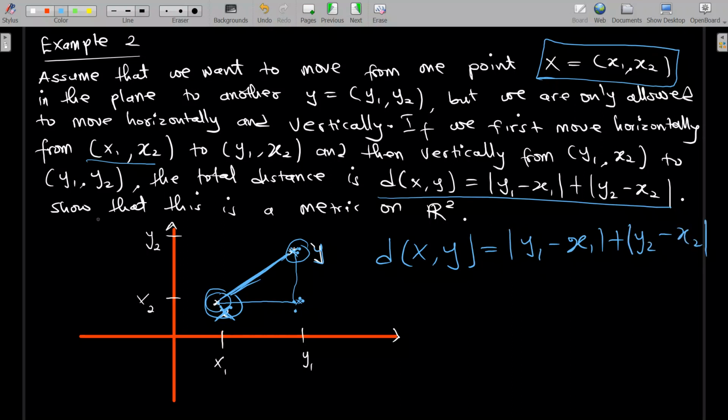Now you're supposed to show that this is a metric on R2. Remember, the point x was a two-dimensional point, and y is also a two-dimensional quantity.